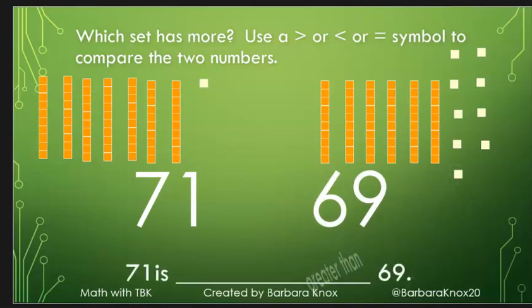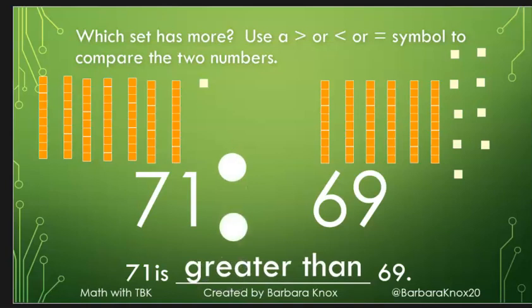Since 71 is more than 69, I make 2 dots next to the greater number 71 and 1 dot next to the lesser number 69. Then I connect the dots from top to bottom, and I can read the inequality as 71 is greater than 69.